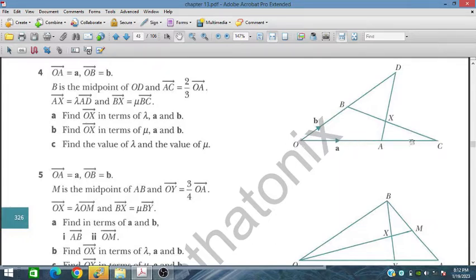AX is given as lambda AD, and BX is given as mu times BC. So this information is given. Find OX in terms of lambda, A and B, and OX in terms of mu, A and B, and similarly find lambda and mu. So this is question number 4.